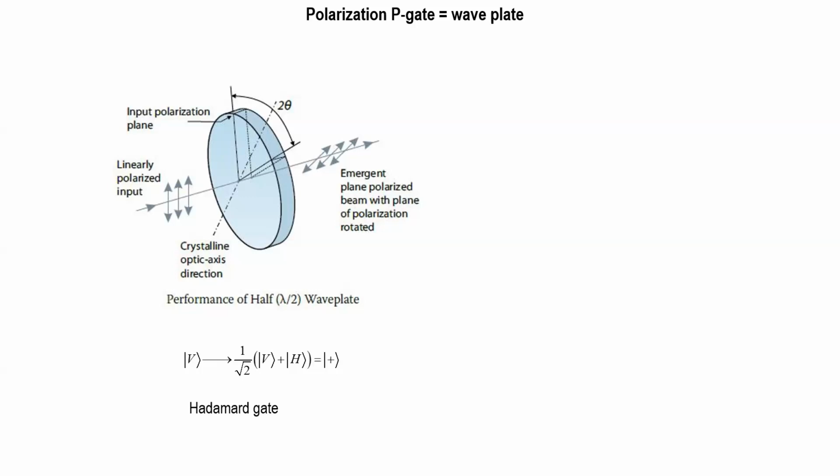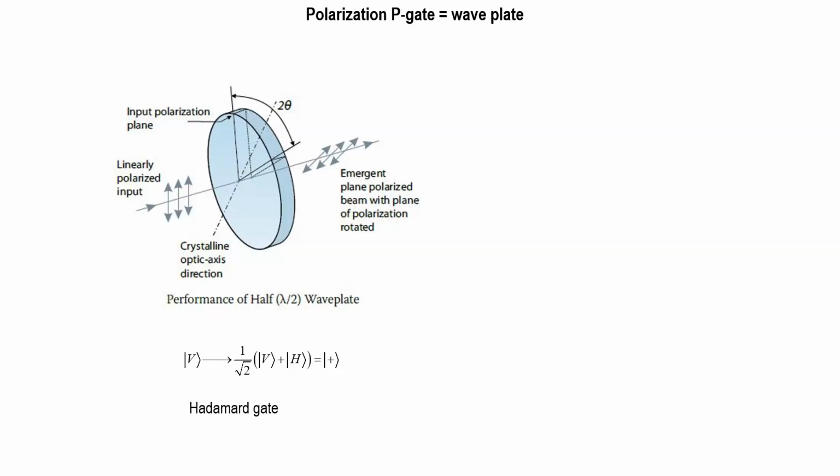This half wave plate allows conversion of vertically polarized light into inclined polarized light. If it was initially polarized in the vertical direction, in the output it will be polarized at 45 degrees to the vertical axis.